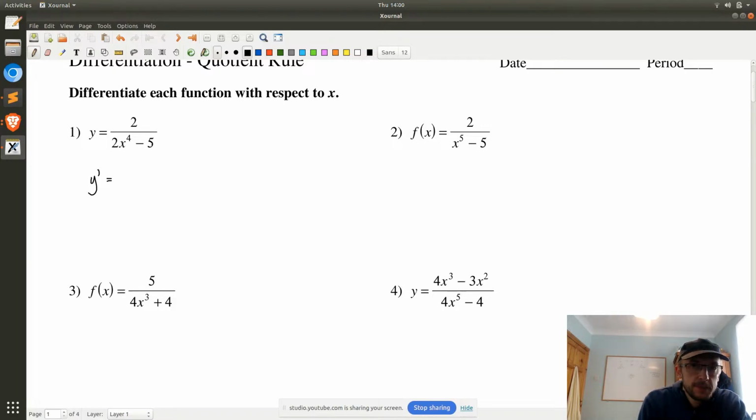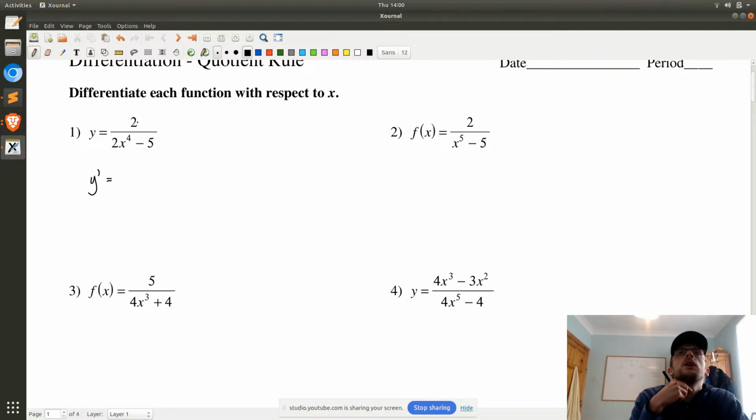So, differentiate the bottom. No. U dv dx. V du dx. So the bottom times the derivative of the top minus the derivative of the top.